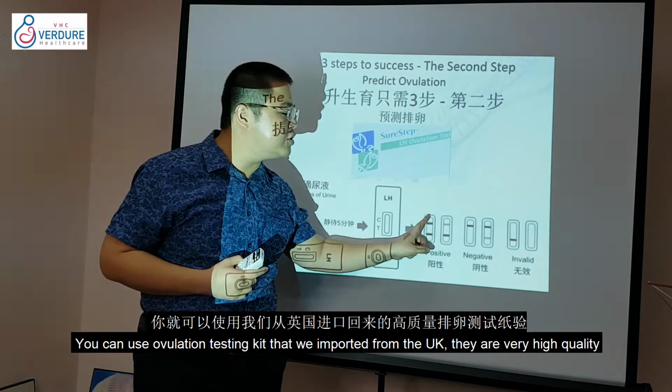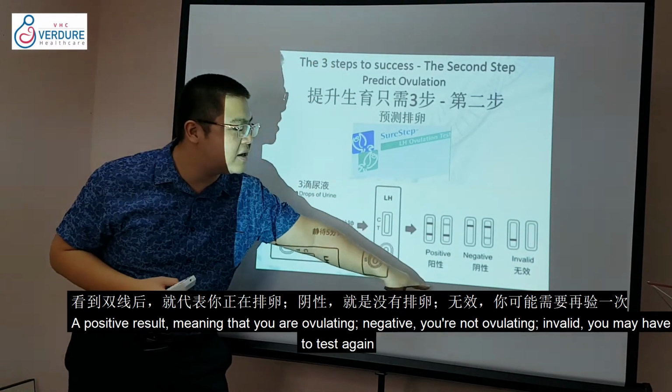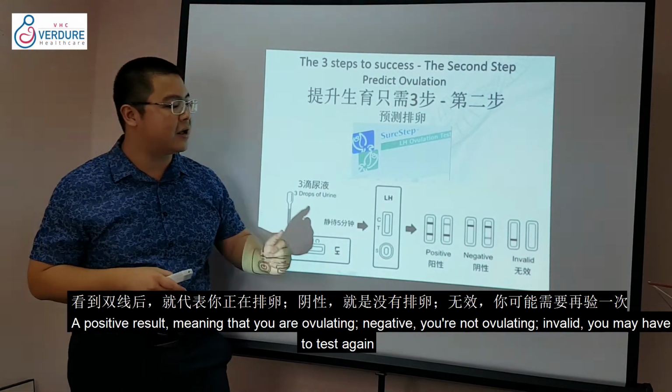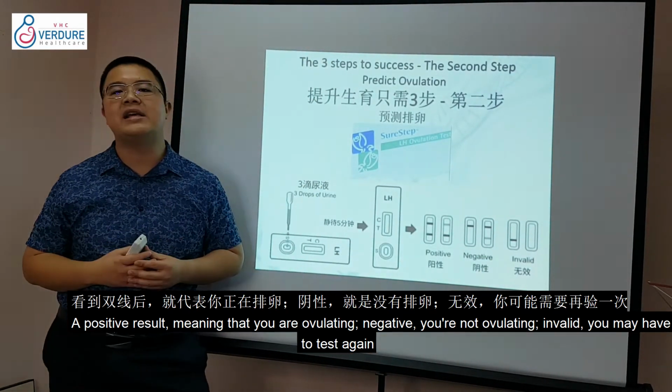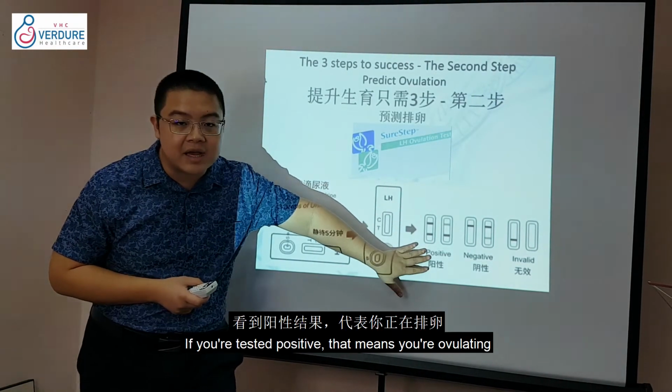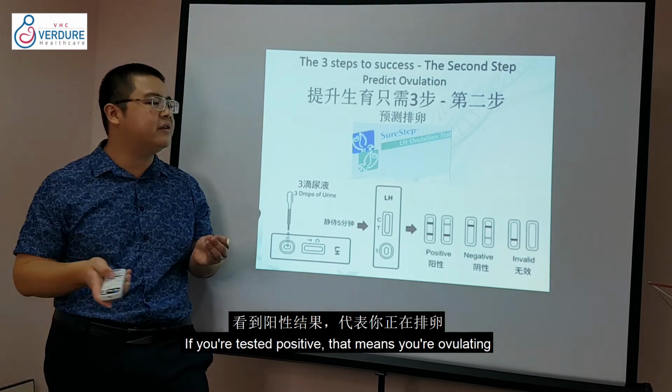You'll be able to see positive, that you are ovulating, negative, you're not ovulating, or invalid. In that case, you might have to do the test again. If you tested positive, that means you're ovulating.